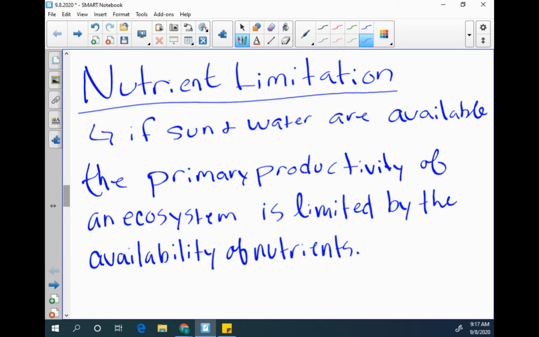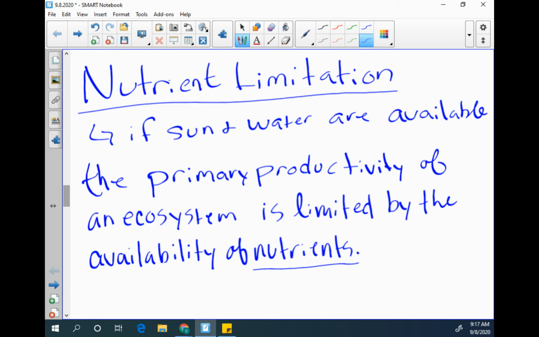So, if we've got all of the water and all of the sunshine we need, our primary producers, our plants, can only produce so much of our sugars. They can only live and produce and thrive so much if they don't get the nutrients they need. So let's say that we are in an ideal environment, right?